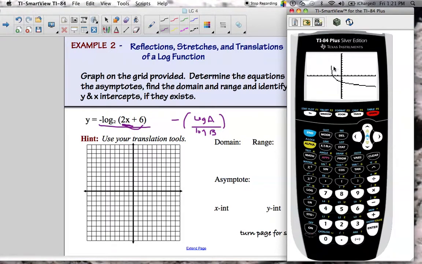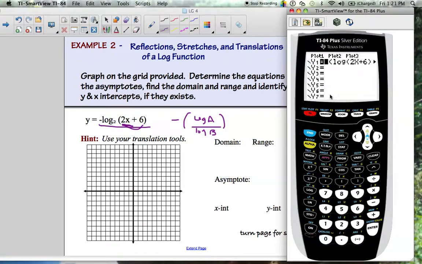Now you can't see, this does go up this line, it's just the pixels on the graphing calculator just disappear. But there is an asymptote right there, we know. Now, if I want to find the x-intercept, I have to go and put in y2 a 0. All right, remember that, a 0.